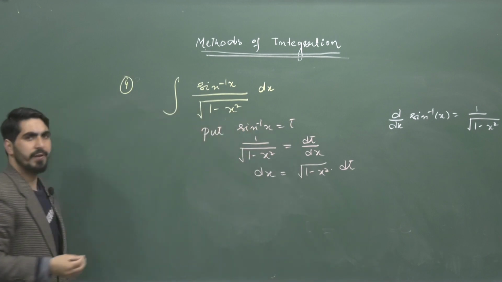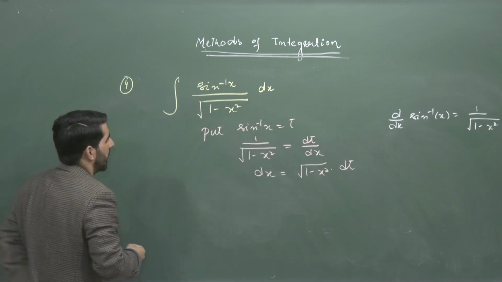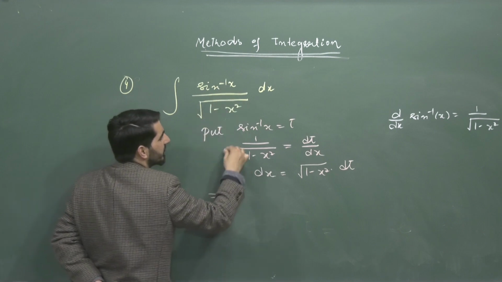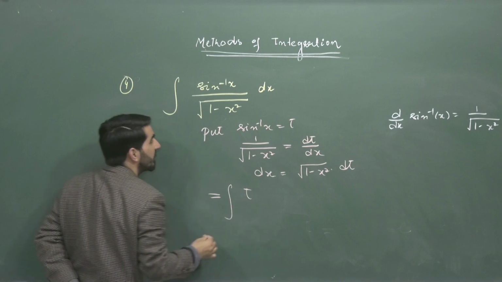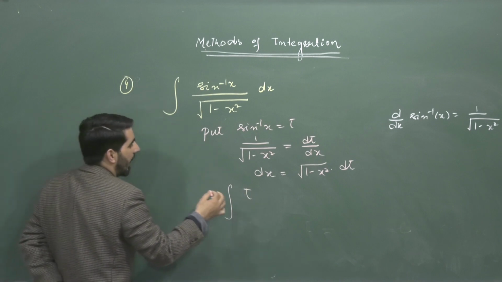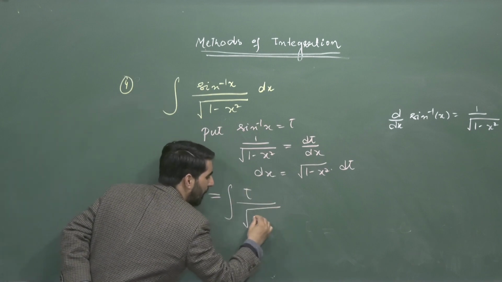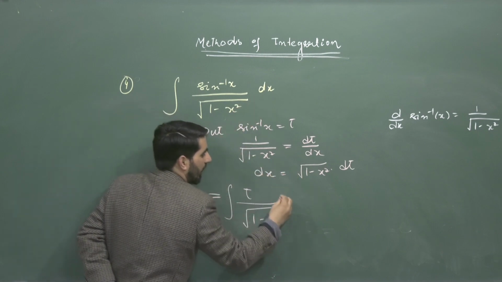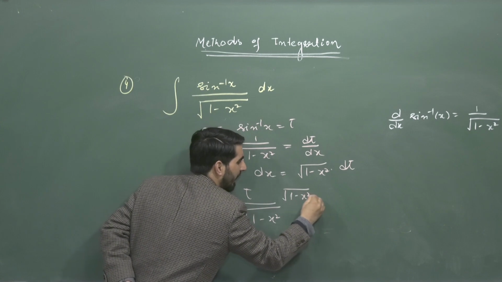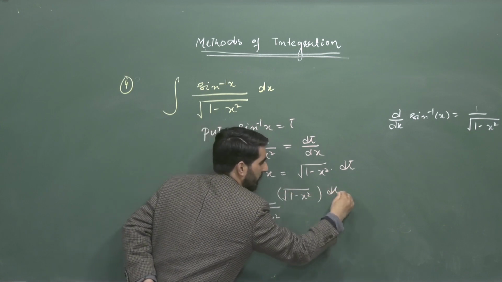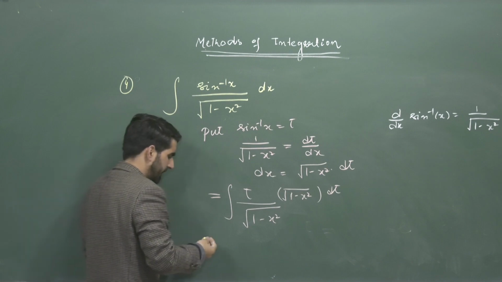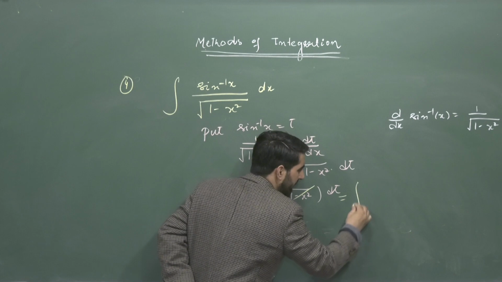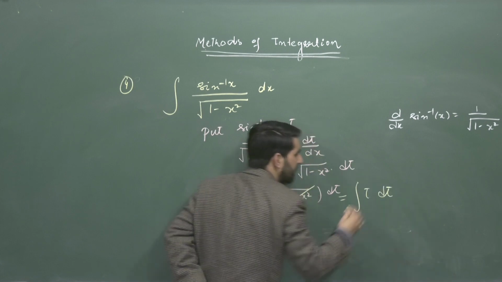Now substituting these values in the original function, we get here integral of sin inverse of x. We will write here t instead of sin inverse of x, divided by root of 1 minus x square, and dx is equal to root of 1 minus x square into dt. Here this will be cancelled, so we will get integration of t dt.